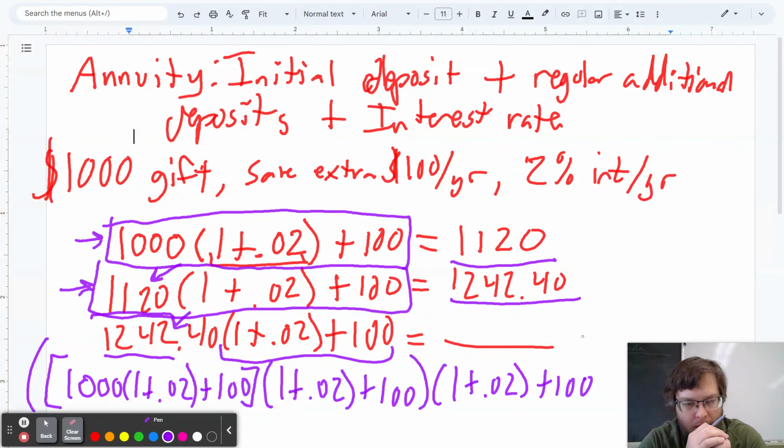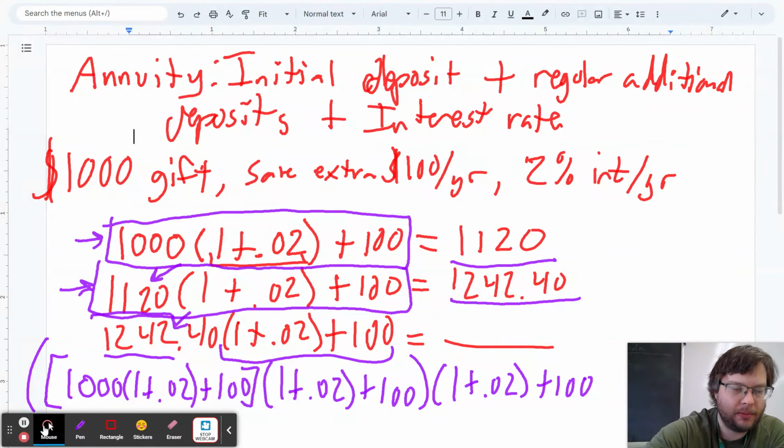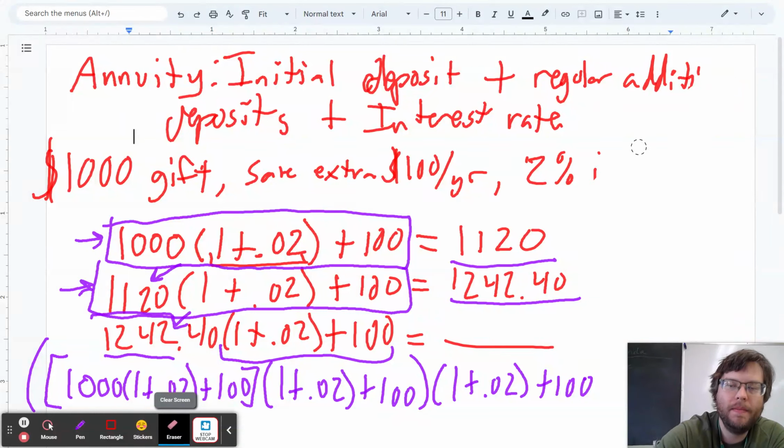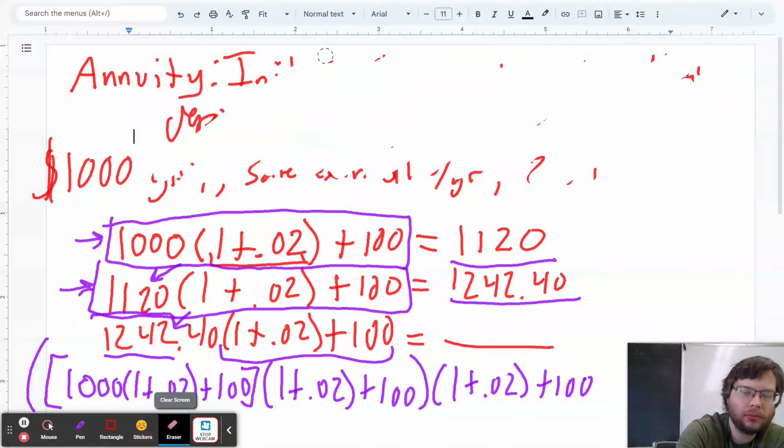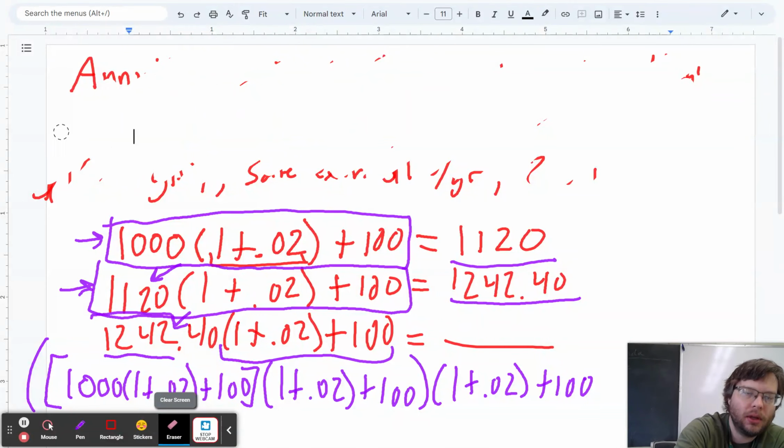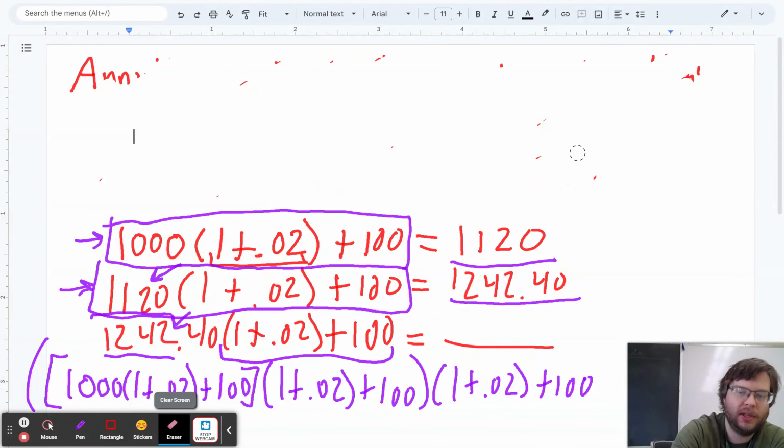Okay? Now, what I'm going to do is distribute. So let's create a little bit of space up on top for this distribution. And I hope you can see, even if you're not able to do this all by yourself, how there's just similar terms showing up over and over and over again.